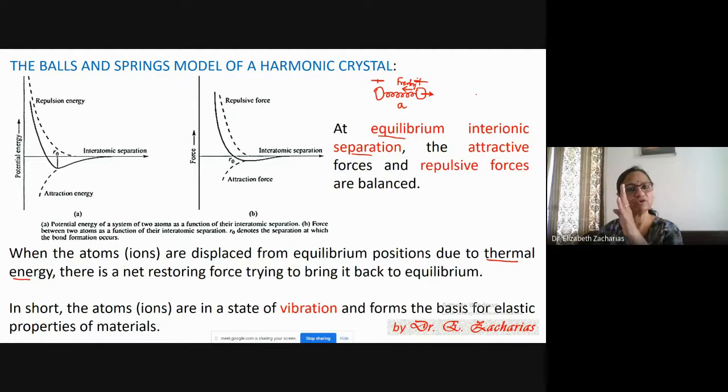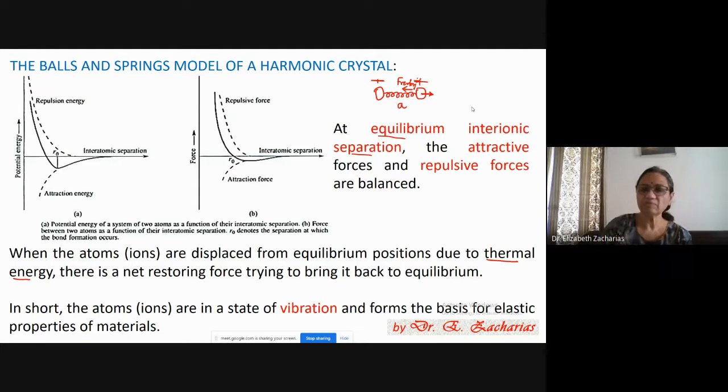The job of the restoring force is to try to bring it back to equilibrium. So these atoms or ions sitting at the lattices are in a state of vibration with two forces acting. The thermal energy is trying to make them move like this, and the restoring force is trying to bring it back to equilibrium.